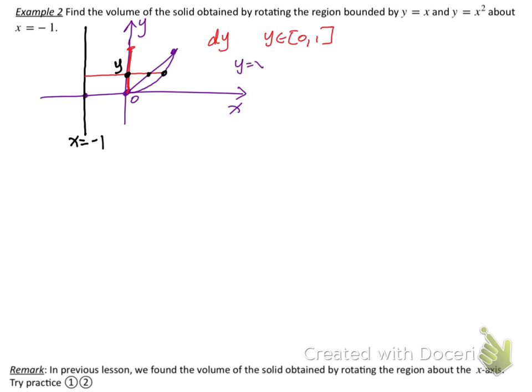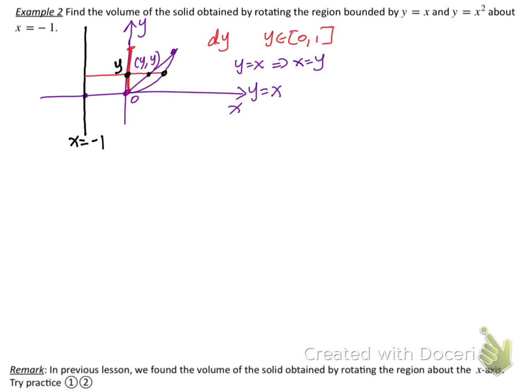Okay, y equals x means x equals y. This will be (y, y). I'm writing everything in y because I'm slicing my region horizontally, or because the line that I'm rotating about is vertical, x equals something. When I draw a perpendicular line, it will be horizontal. So I'm changing y, and y is my independent variable.